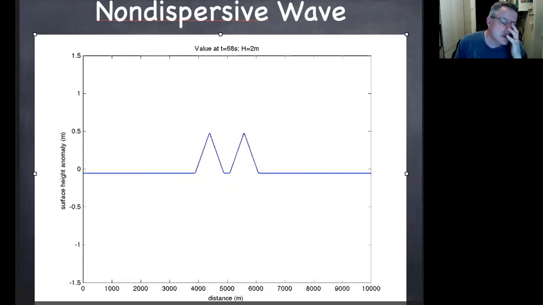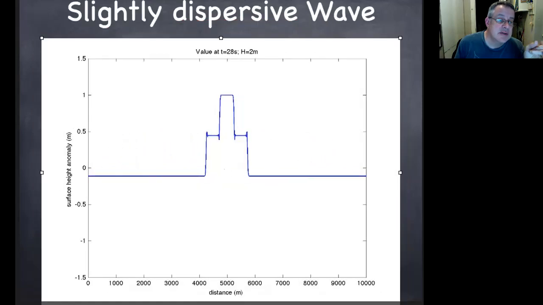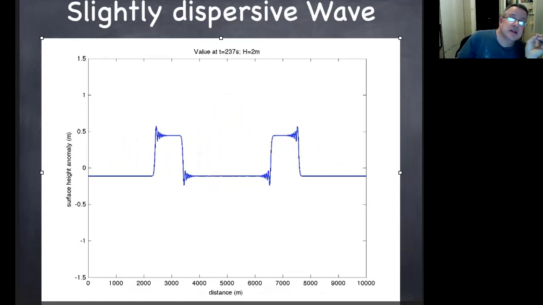Here's our non-dispersive wave propagating along. So the triangle stays a triangle as it propagates. No evidence of the different wavelengths that make up the triangle separating out. Here's the case if we use a square wave in a dispersive system. So this is a different kind of wave. It's a little bit dispersive.